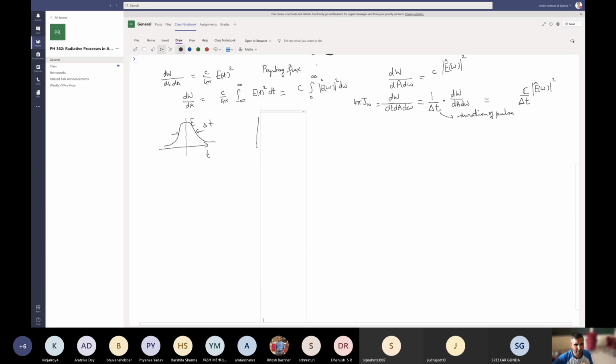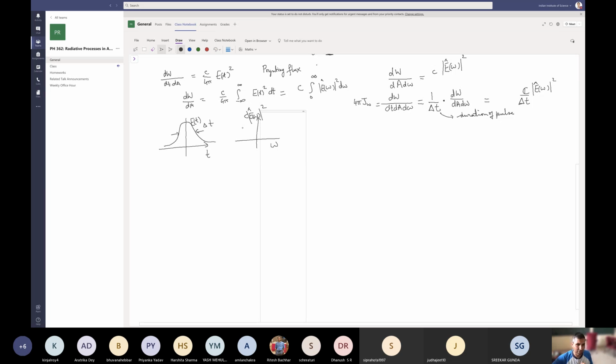So this is E(t) versus t. This is c E hat omega squared, which is nothing but power in the Fourier space.